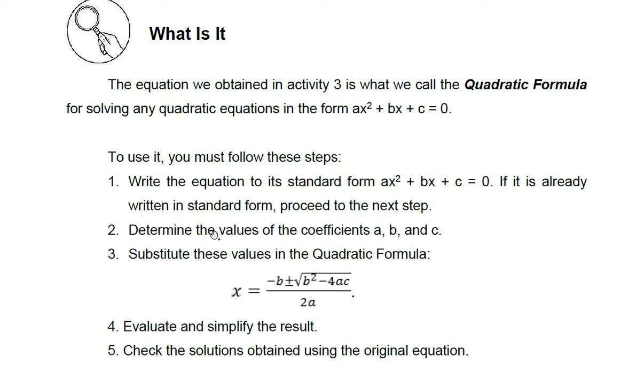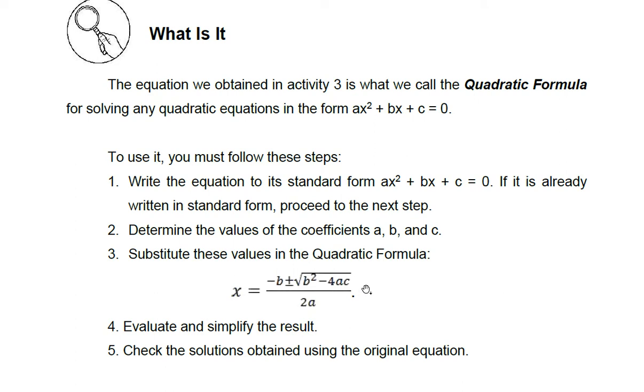So what is the next step? Determine the values of the coefficients a, b, and c from the standard form of the equation. Then after you gather the values of the coefficients, substitute these values in the quadratic formula. So this is our quadratic formula.